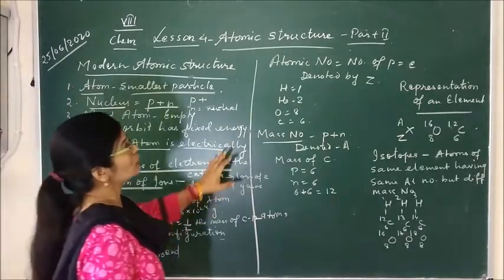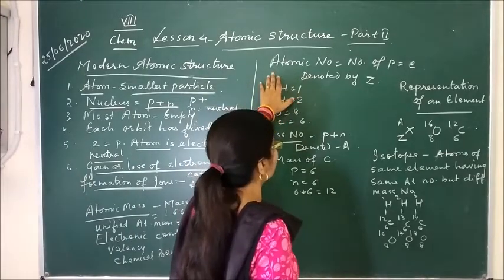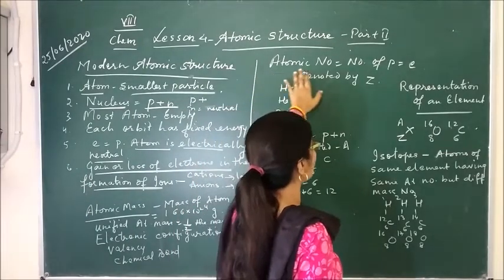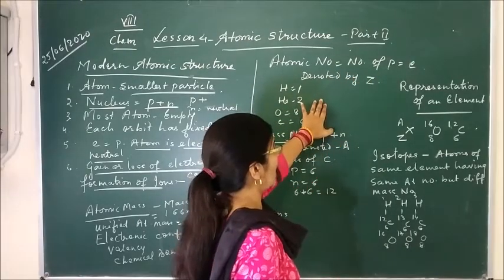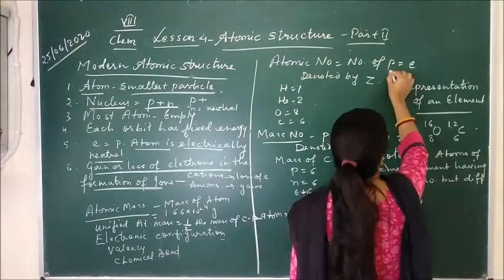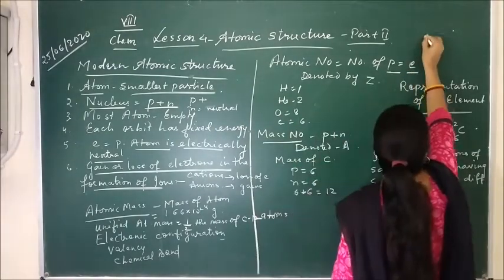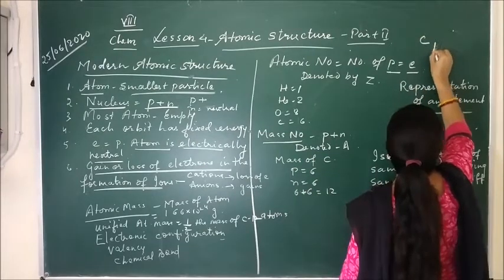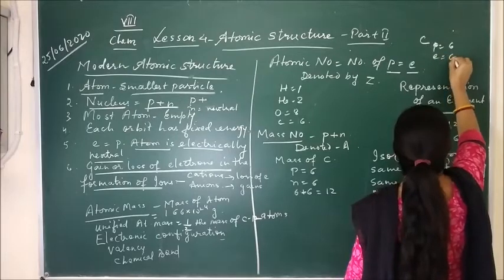Now today I will explain to you the most important concept, that is the atomic number. What is actually the atomic number? Atomic number is the number of protons which are present in the nucleus of an atom. And the number of protons will be equal to the number of electrons. Like the carbon atom has 6 protons, so in the carbon atom, the electrons will also be 6.